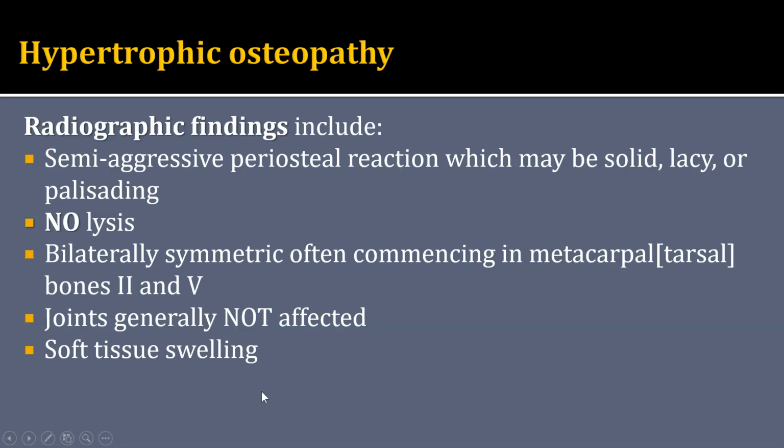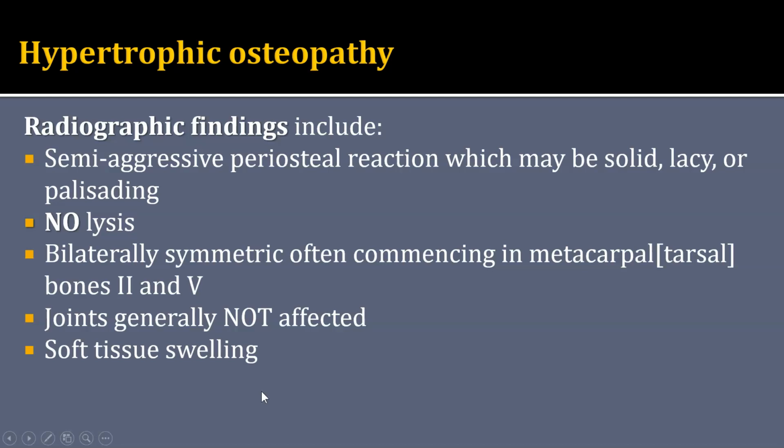The periosteal proliferation is usually bilaterally symmetric, can affect the front and or rear limbs, and it usually commences in the metacarpal or metatarsal bones, oftentimes affecting the abaxial aspects of the second and fifth metacarpal or metatarsal bones. Typically, the joints are not affected, so it kind of spares the joints, and then, as I said, it progresses proximally.